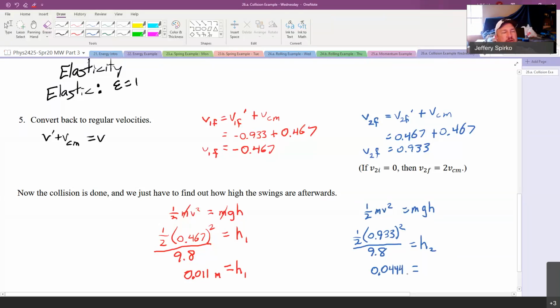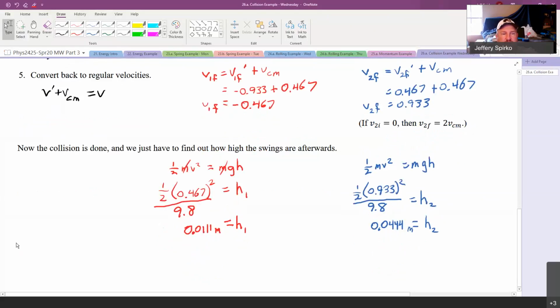Let's add another digit there. Is H2. And the first one will add another digit because I only had two significant figures there. So now we know the result. If M1, the 100 gram, is raised to 10 centimeters, then it will bounce back only 1 centimeter. M2 will rise up to 4.4 centimeters.